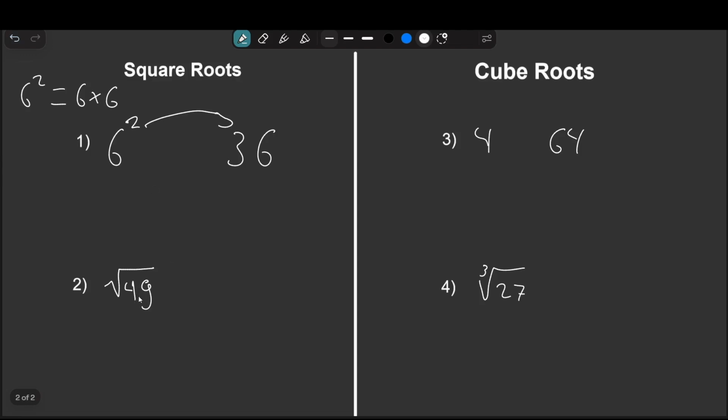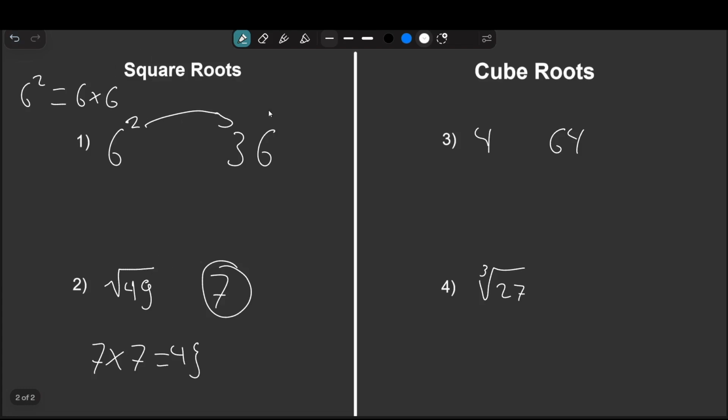So now we can do the same thing with this. What number multiplied by itself will be 49? We know 7 times 7 equals 49. So our square root of 49 is 7. This will be our final answer of the first example of the square root.